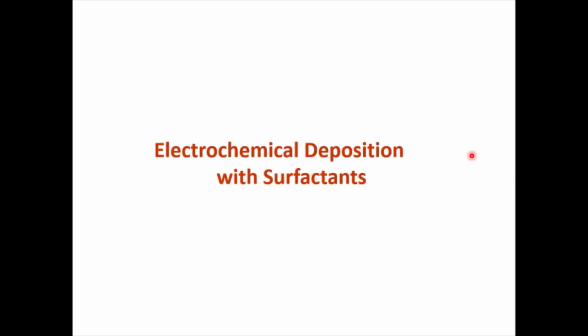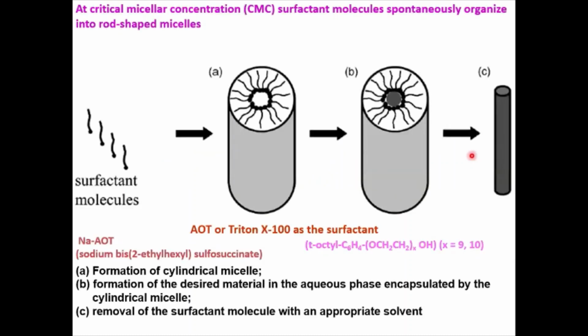The same surfactants you can use in electrochemical deposition also. The most predominantly used surfactant is commonly called AOT, which forms a micelle-like structure, and this forms a working electrode, and then you can deposit through the holes and remove the micelle.